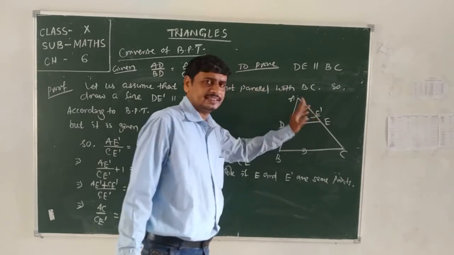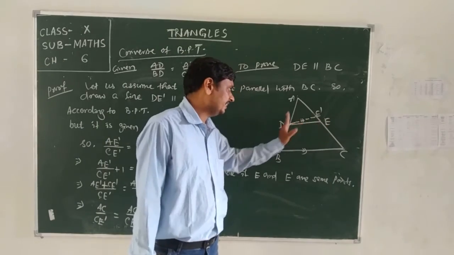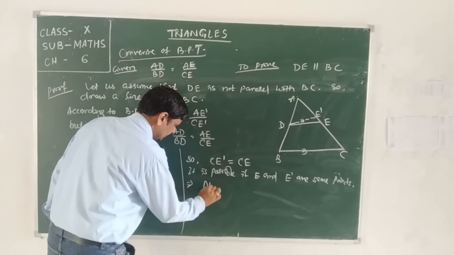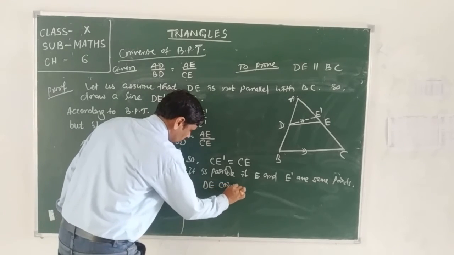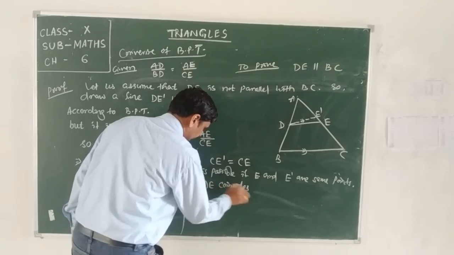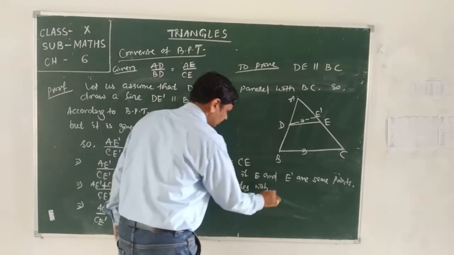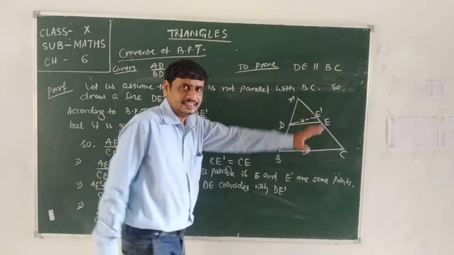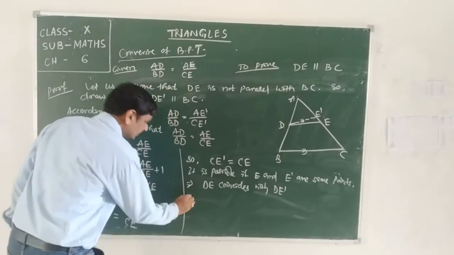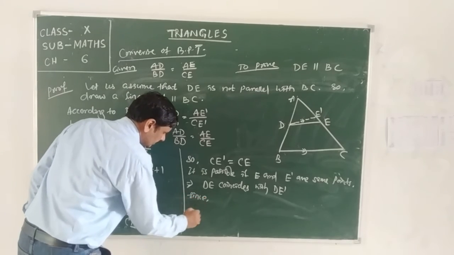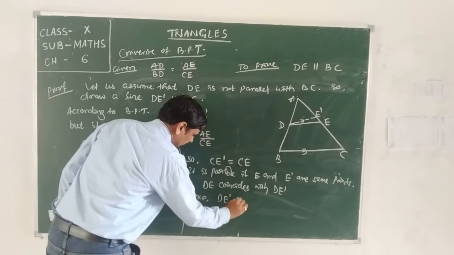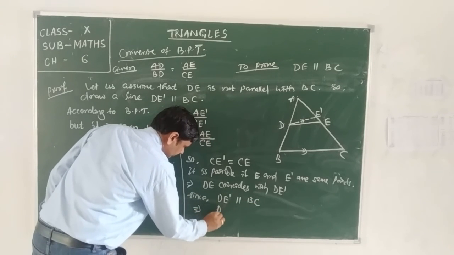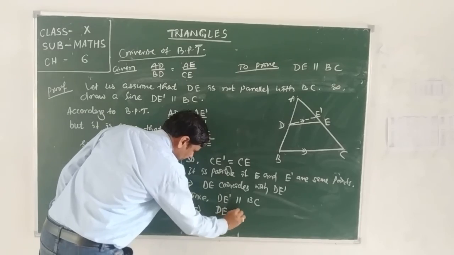If E dash and E are the same point, then DE and DE dash will coincide with each other. This implies DE coincides with DE dash. Since DE dash is parallel with BC, this implies DE is also parallel.